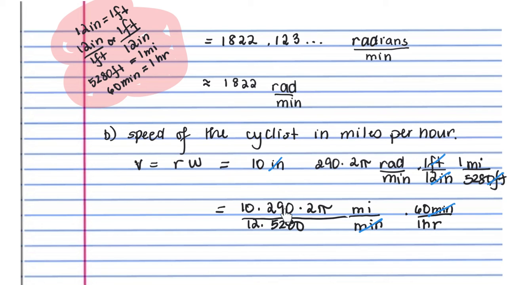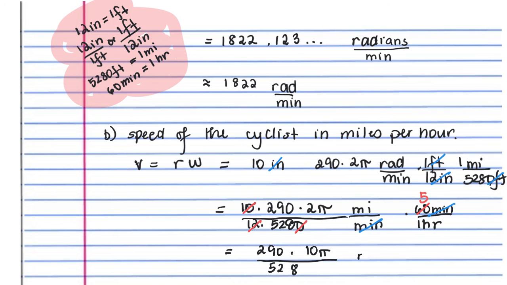So I have 10 times 290 times 2 pi times 60, all divided by 12 times 5,280. Now I know that 12 goes into 60 five times. You don't have to do this, but I'm going to cancel, and I can also cancel one of the zeros, which will make it a little bit nicer. So then I'll have 290 times 2 pi times 5, which will give me 10 pi, all over 528.